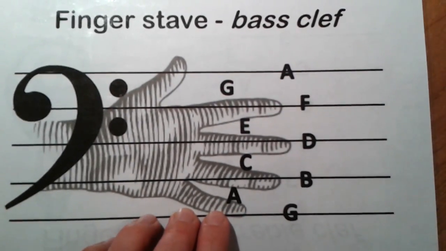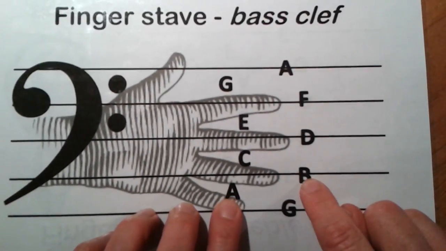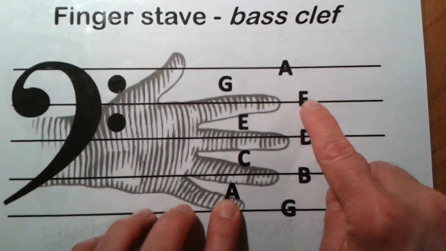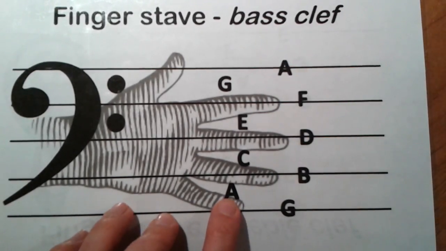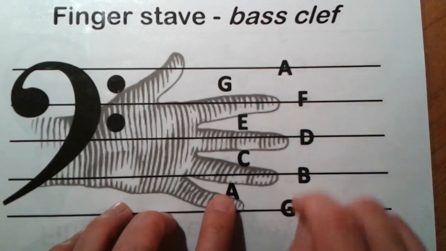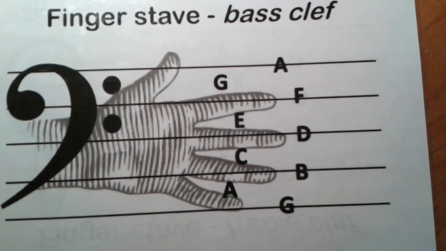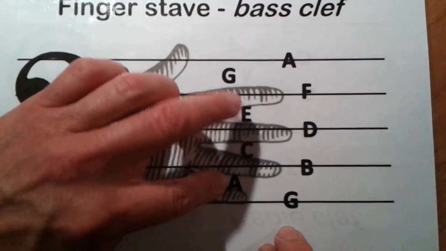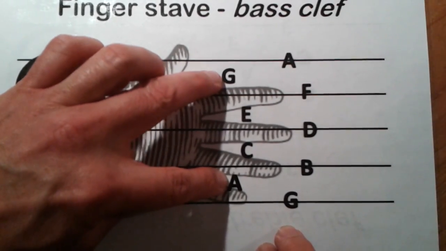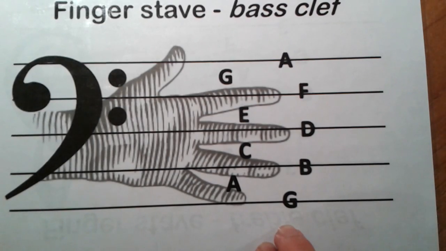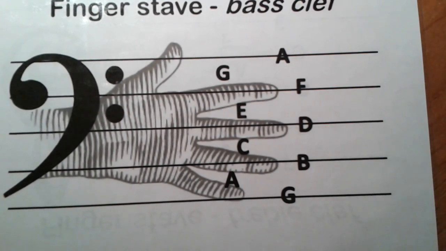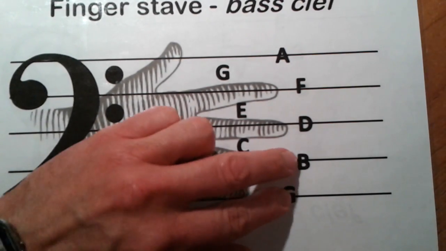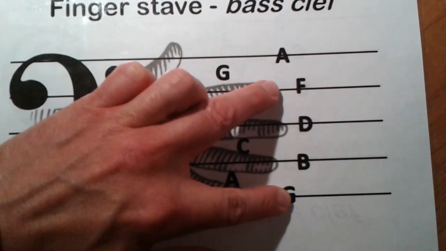Incidentally, intervals with even numbers, seconds, fourths, sixths, octaves, are space to line or line to space, whereas intervals with odd numbers, thirds, fifths, sevenths, are space to space or line to line.